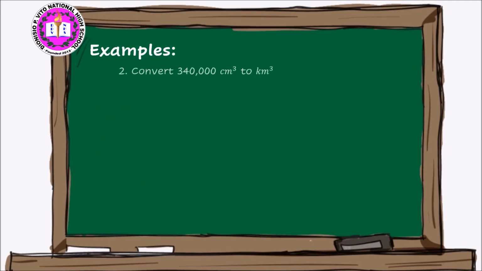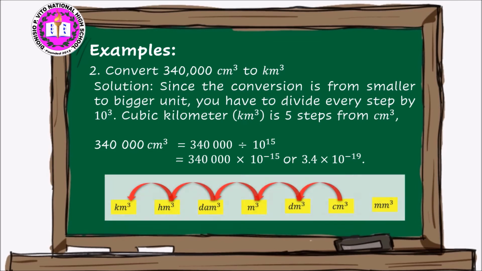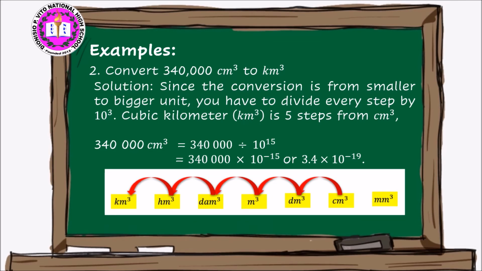Second example, convert 340,000 cubic centimeter to cubic kilometer. Since the conversion is from smaller to bigger unit, you have to divide every step by 10 cubed. Our cubic kilometer is 5 steps from cubic centimeter.